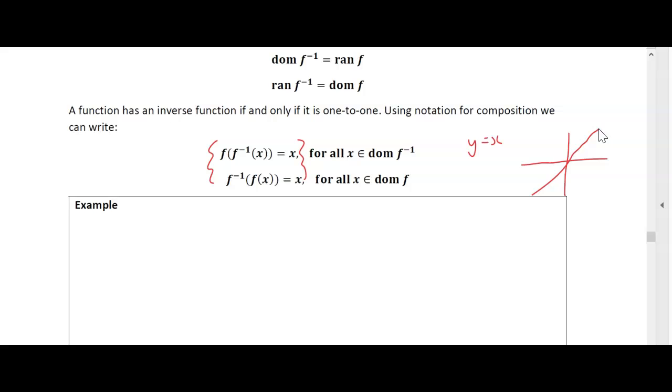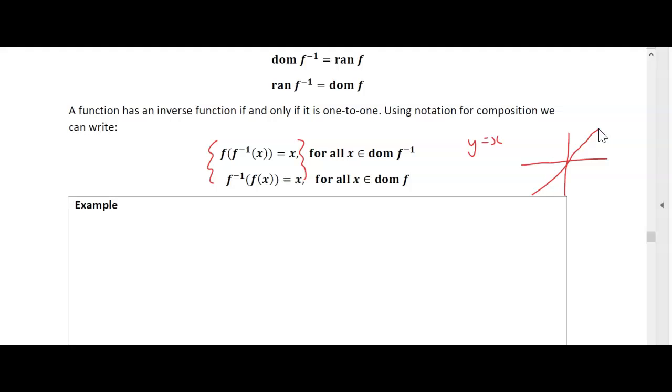Your inverse is just reflected along that line. So if you substitute your inverse into your original function, you get the equation y equals x, or f of -1 equals x. So when you're doing your sketching, it does help to remember that it is reflected along that line.